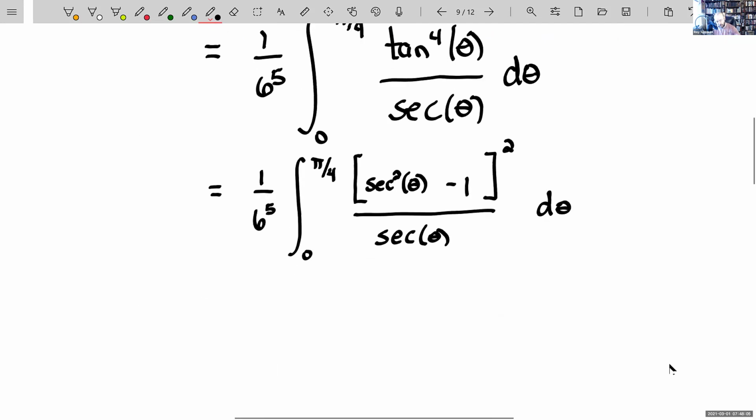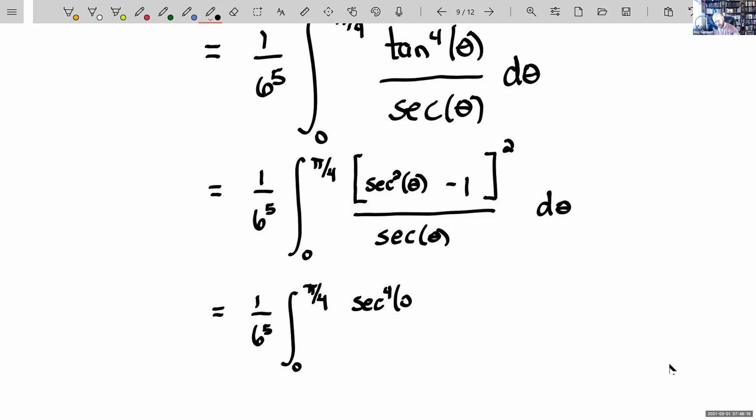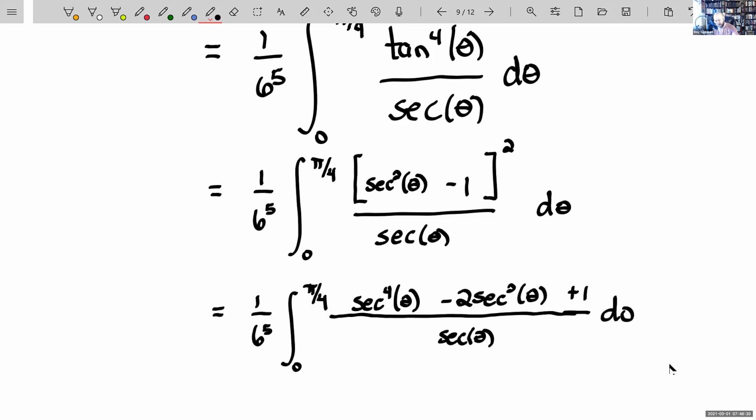Now I'm going to square out that numerator, and we get secant to the fourth of theta, this is going to be fun, minus 2 secant squared of theta plus 1, all over the secant. It's actually not bad, although it does involve one of my favorite integrals.